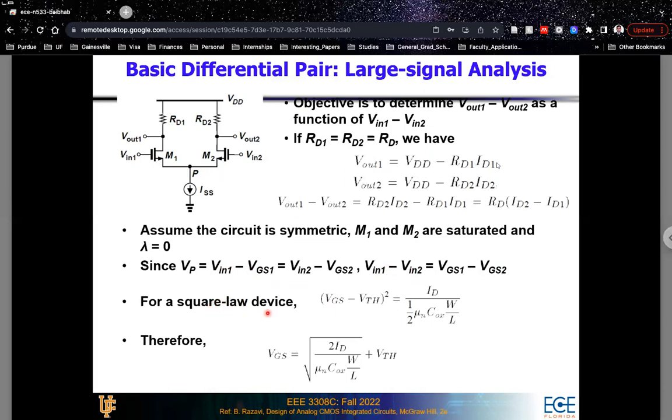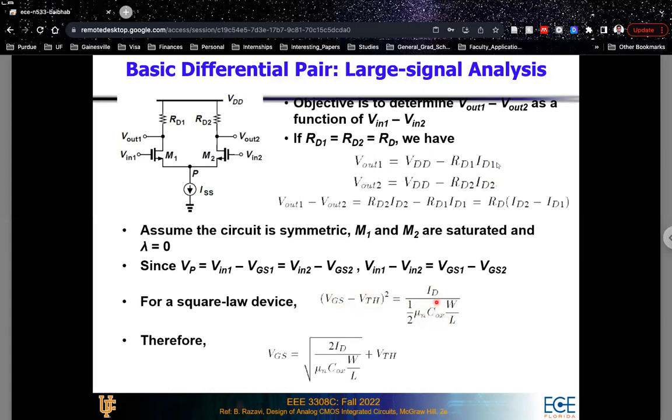Now, for a square law device, you already know the equation that V overdrive squared is equal to ID divided by 2 times K. Or in other words, ID is equal to half of K times (VGS minus VT) whole square.